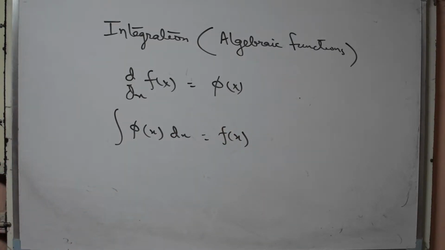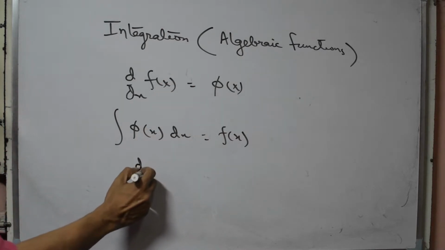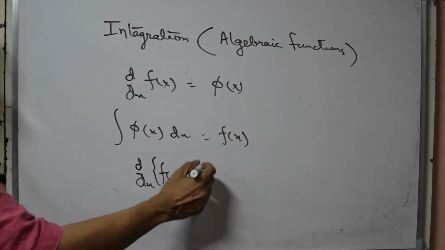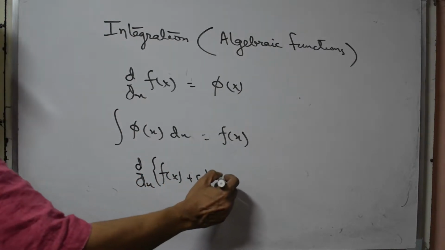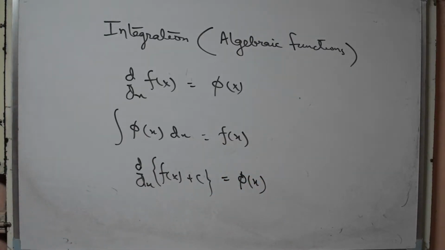But there is a problem, there is a concept, and that is called indefinite, because if you add one constant, the derivative of f(x) plus a constant will be the same idea. That means it will be phi(x).